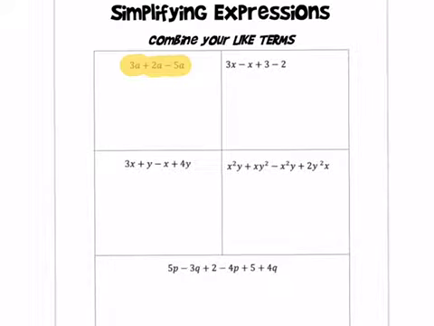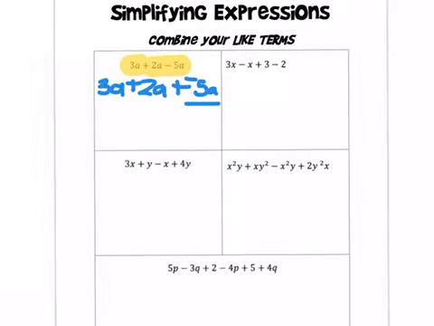Now we go left to right, and I like to change my subtraction into keep, change. So if I were to rewrite this, I have a 3a plus a 2a. Then when I do minus 5a, it changes to keep, change. So whenever you see minus a number like minus 5a, it's the same as a negative 5a.